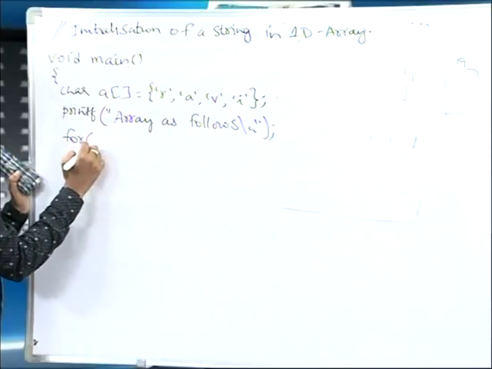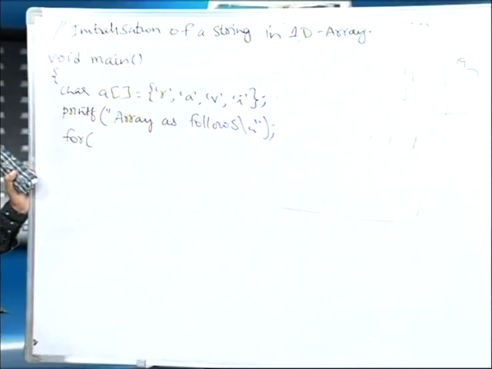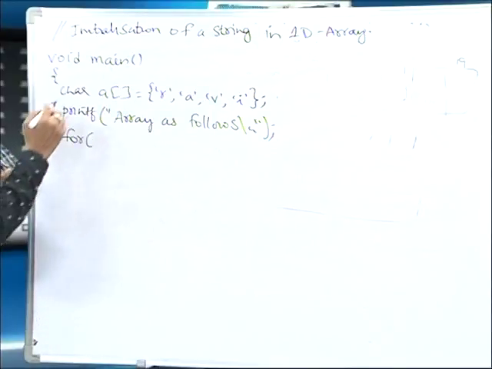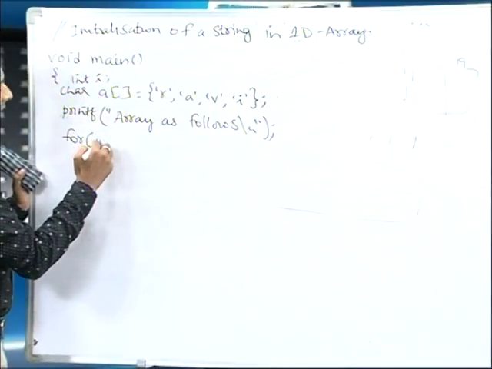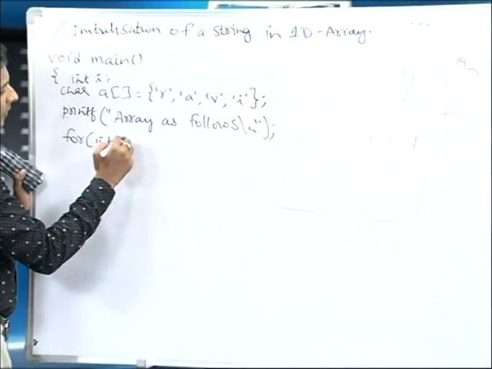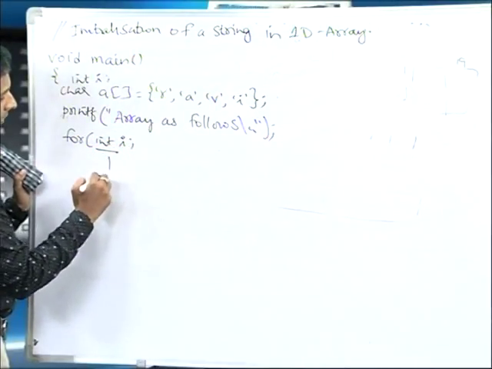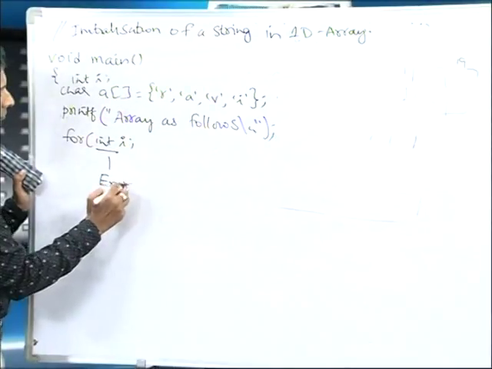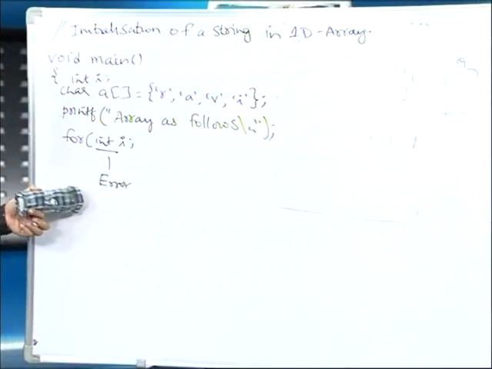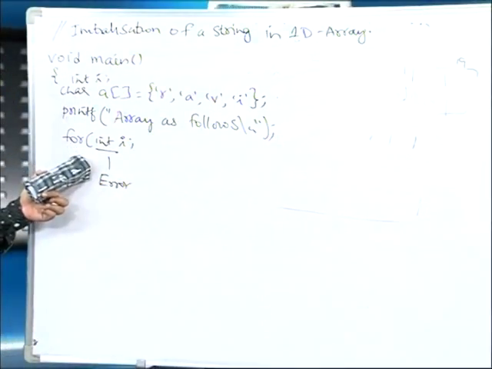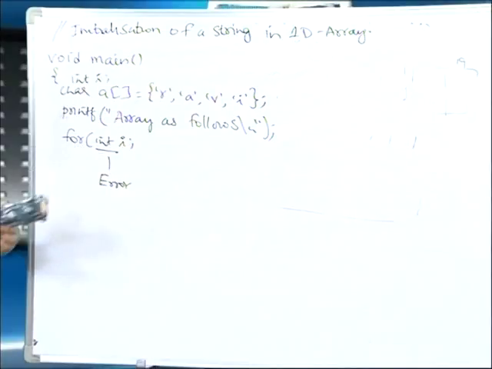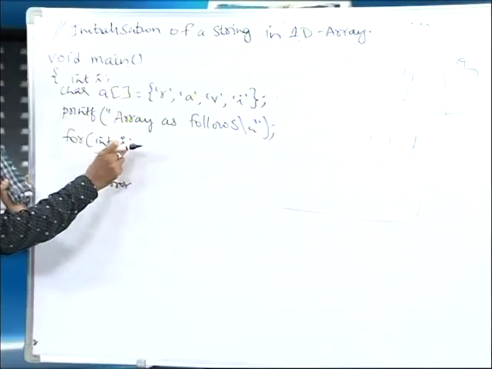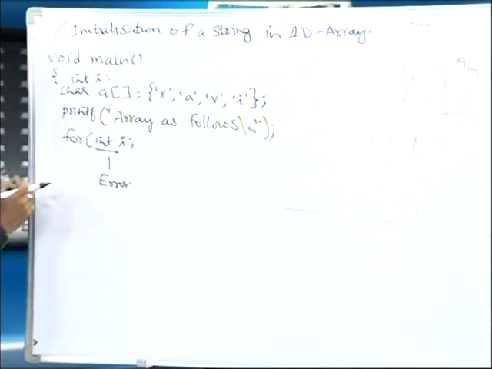For I, I didn't mention it here, so better I create one I. Here I cannot create I, something like this leads to error. It is allowed in C++ and Java but not in C. So before using I, we must declare it.